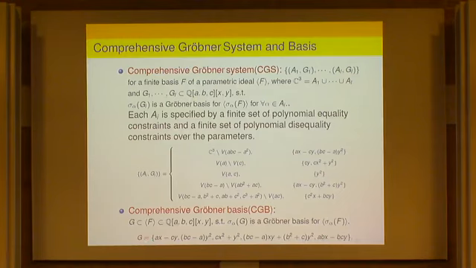If I take this particular comprehensive Groebner basis and pick any specialization, all I need to do is specialize this and I get a Groebner basis. So it has more elements than any Groebner basis.